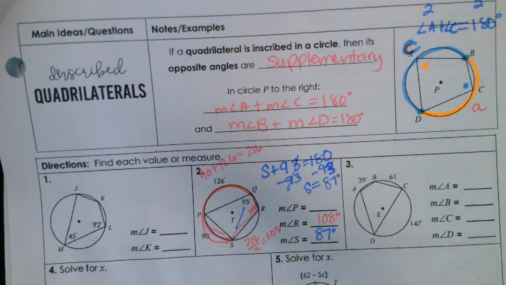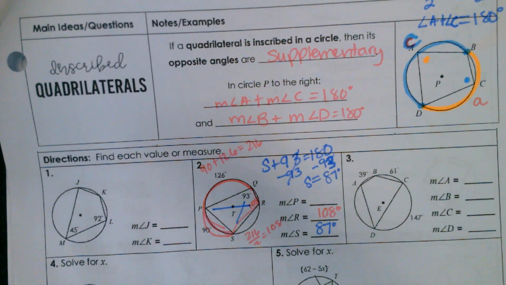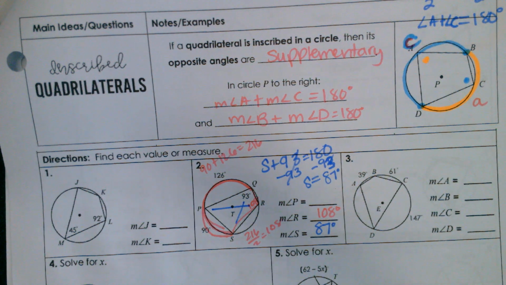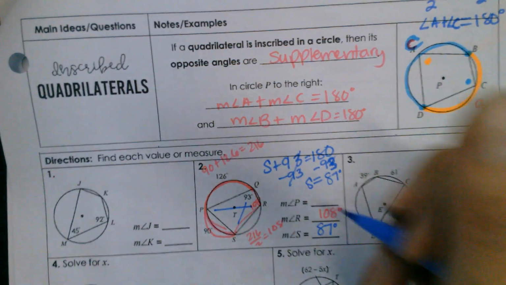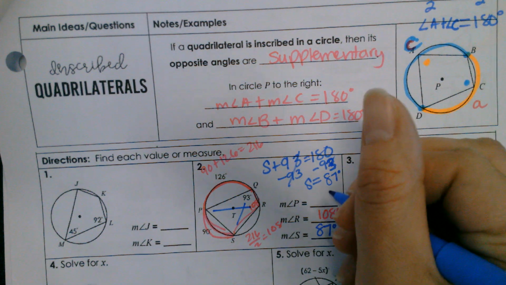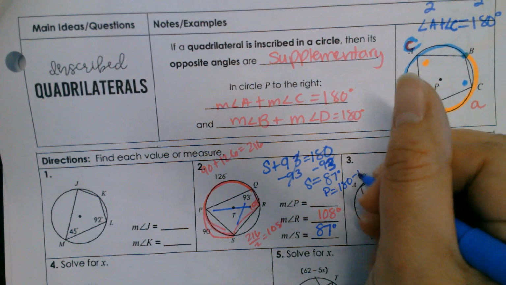What about for P? P is across from 108. So what would I do there? Subtract it from 180. Oh, okay. And then divide it by 2. Nope. They're angles. So, yeah. It's okay.